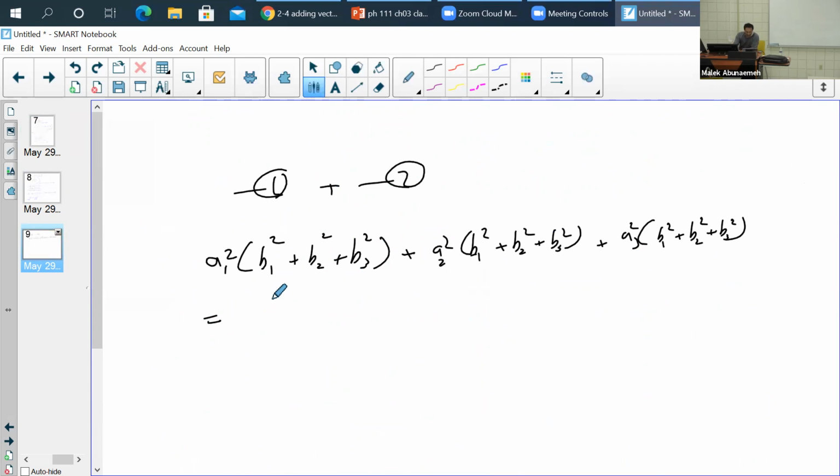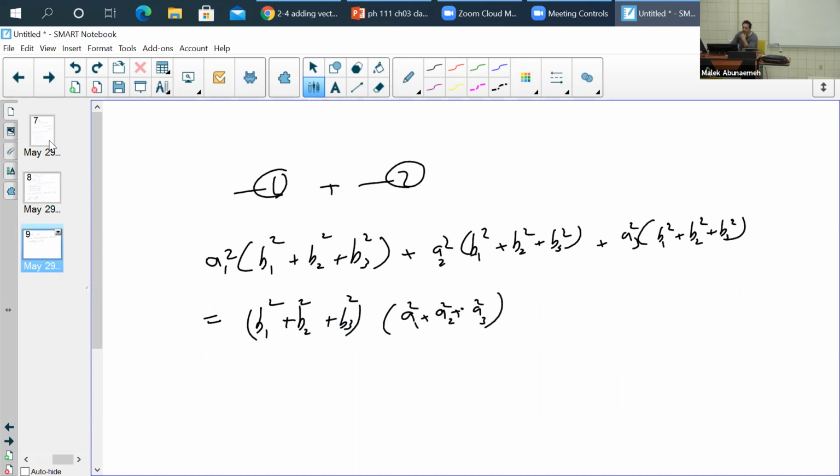We can write it as B1 squared plus B2 squared plus B3 squared, times A1 squared plus A2 squared plus A3 squared.